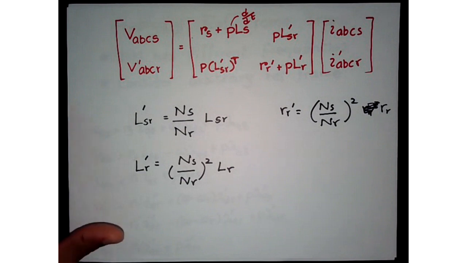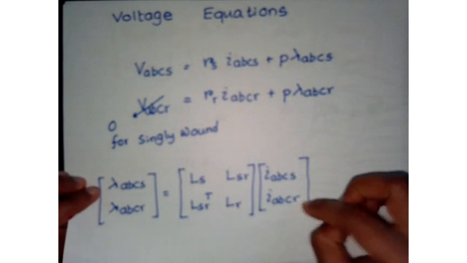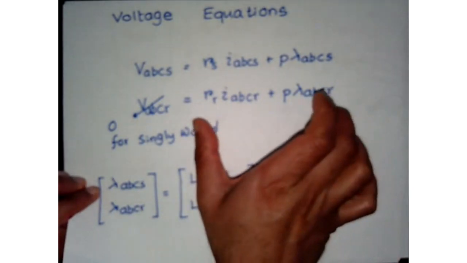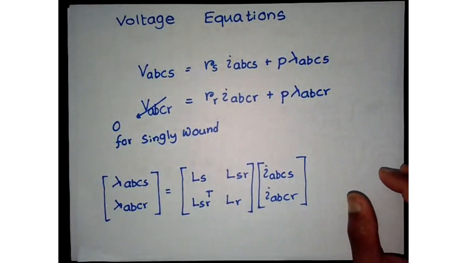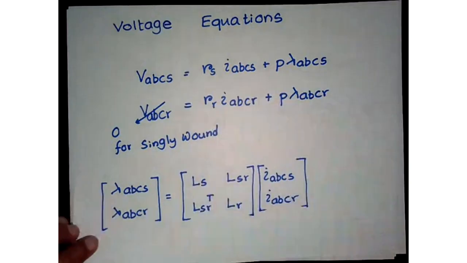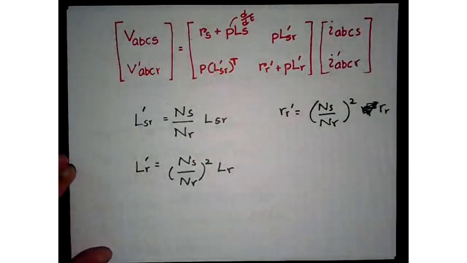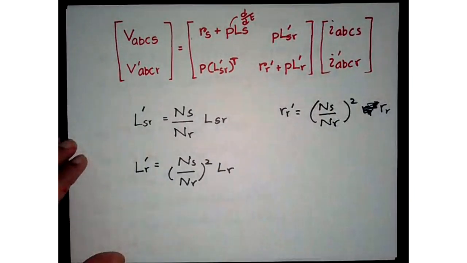So if you remember, we looked at our modeling schemes, right? And we said from our equations, so voltage equations like this, we transformed the rotor circuit from the rotor side to the stator side, and we used the prime VABCR prime variables to illustrate that.